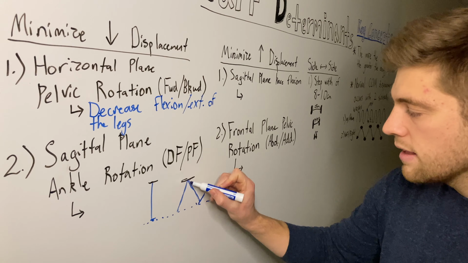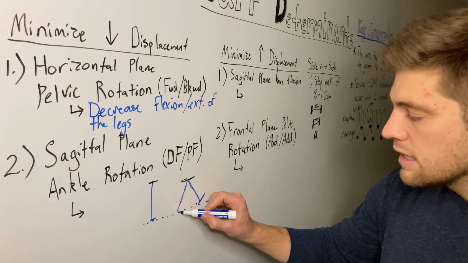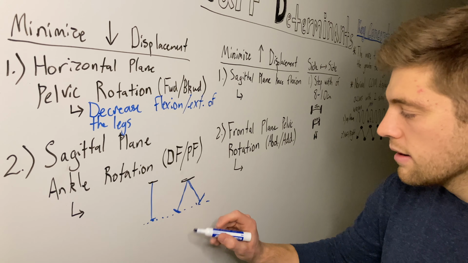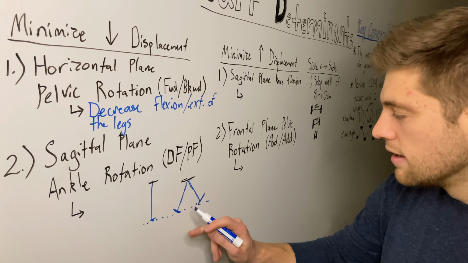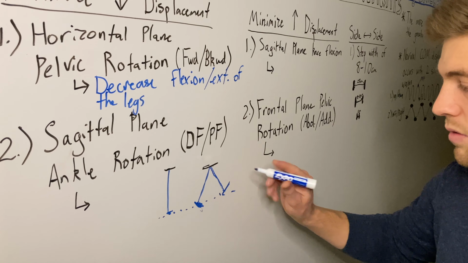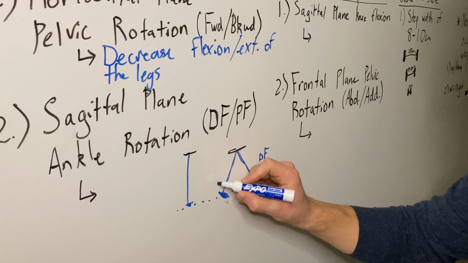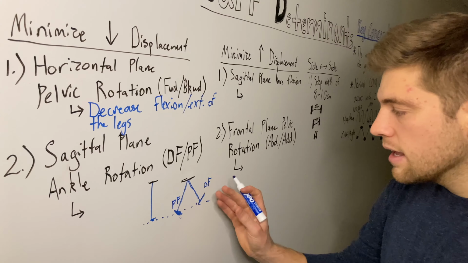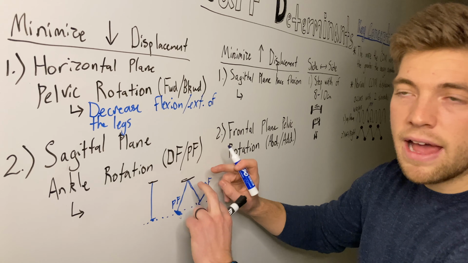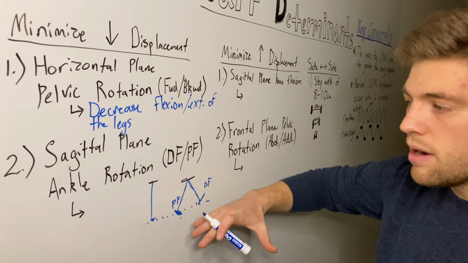And at the same time, the other leg is in pre-swing. Because we're in a little bit of plantar flexion, that also functionally lengthens that limb. So by lengthening this limb and this limb, one goes into dorsiflexion, the other goes into plantar flexion. It helps elevate the center of mass, or prevents it from dropping too low.